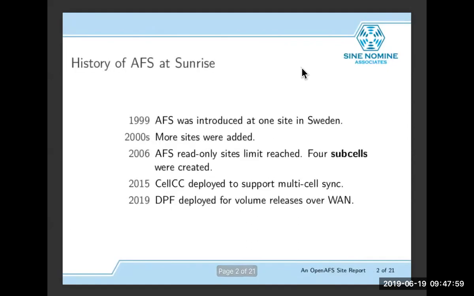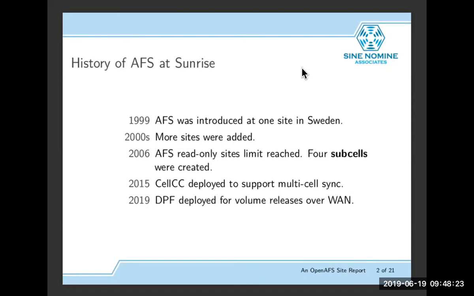So a little bit of history at Sunrise. This site started using AFS in the late 90s. In '99 it was introduced at a single site, and in the early 2000s more sites and more servers were added. By 2006, this site ran out of read-write replicas.